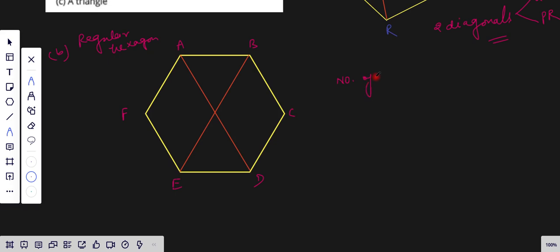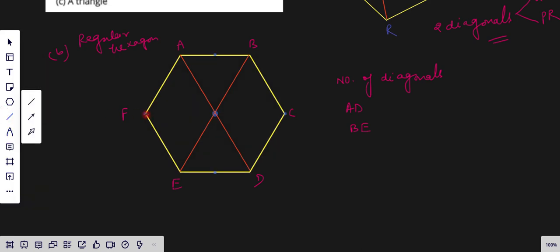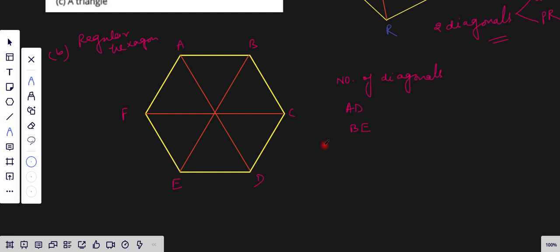First one is AD, next is BE, then I'll show it in some other color. The next diagonal is FC.